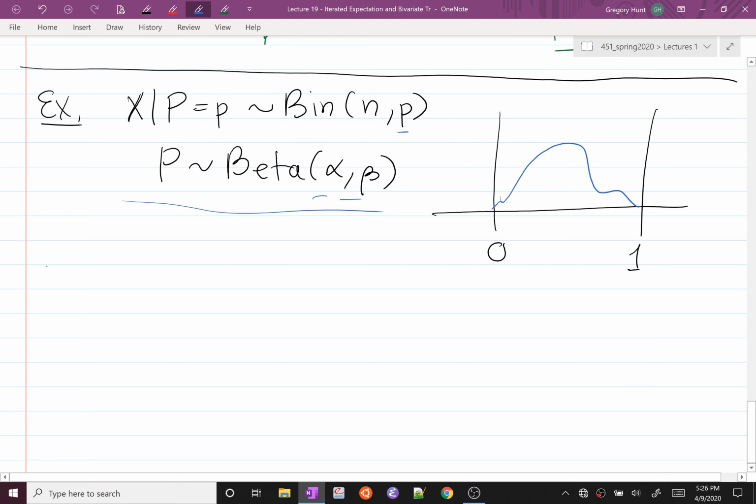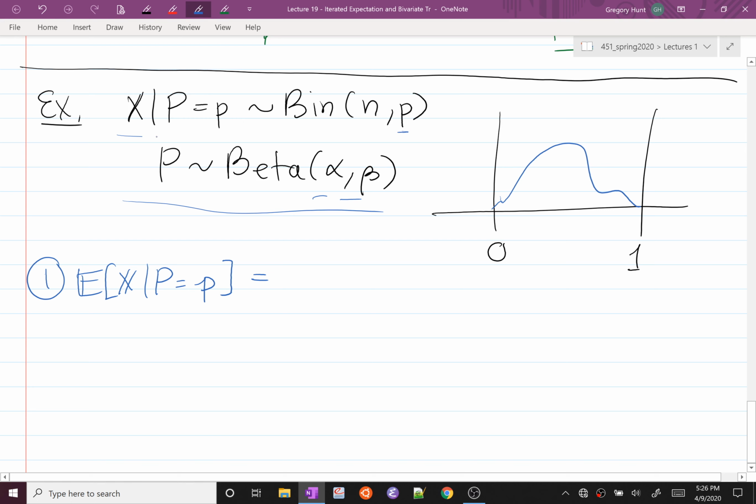So very similar to the last one, and generally this might look pretty daunting, as long as we remember some facts, or we can look up some facts about the beta distribution. It's very similar to the last one. First, let's look at the expected value of x given p is some value little p.